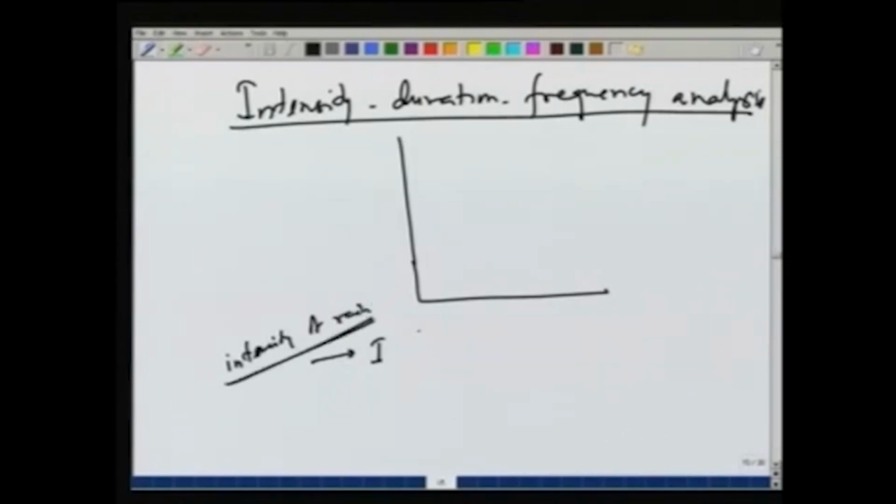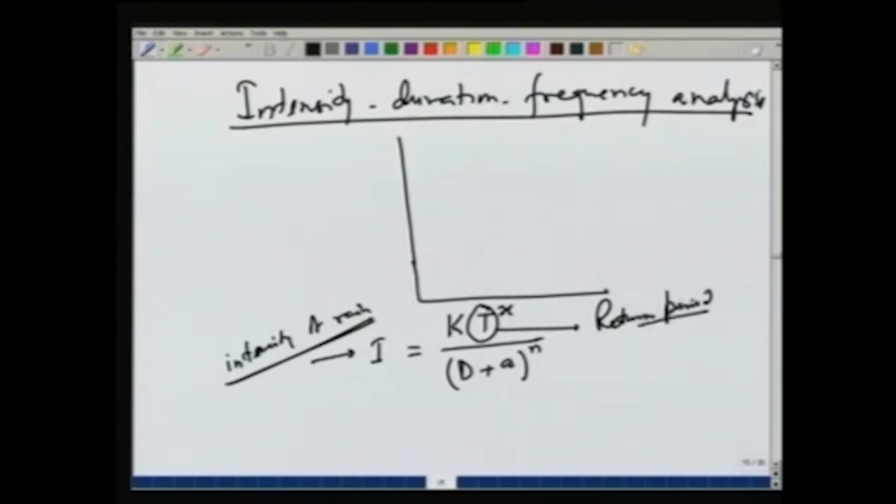Now, as we move away or as we cover larger and larger area, there will be some, the return period of course affects the intensity. The duration is also affecting the intensity.